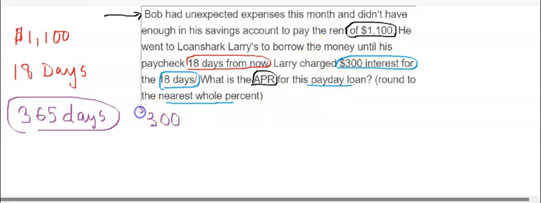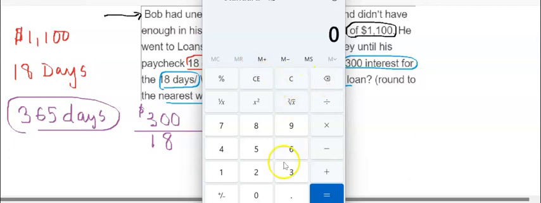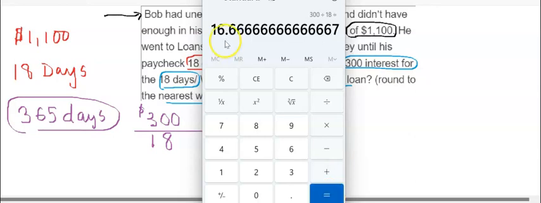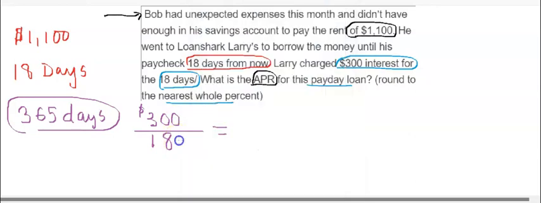So here's the first thing you need to do: take 300 and divide it by 18, because we want to calculate how much Bob has to pay Larry each day. 300 divided by 18 gives about 16.66, so it's about $16.66 per day.